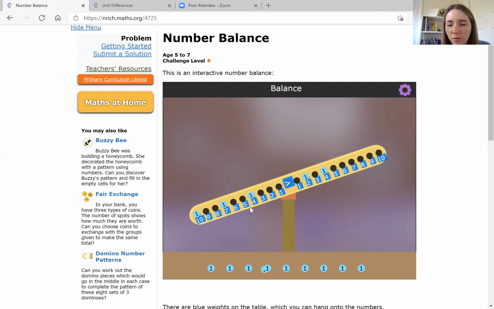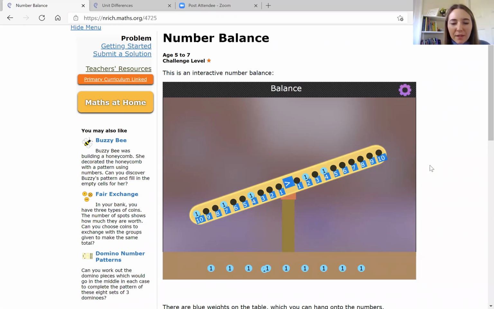So an odd number on one side and an even number on the other, number of weights. Okay, so you're going to, again, come up with your testing criteria, think about what you're going to test first, then investigate, and then write your conclusion. Try to explain why, okay? Bonus points for those of you who can really explain why.